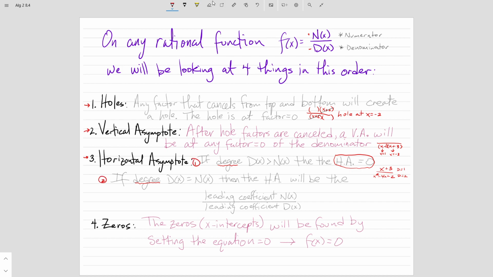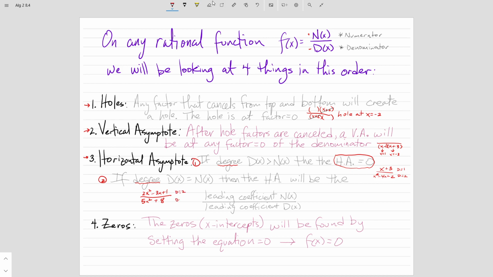Second situation is if the degree of the top and the bottom are the same. So if I write an example of that one, if I have 2x squared minus 3x plus 1 over 5x squared plus 8, the degree of the top is 2, because the highest power is squared.